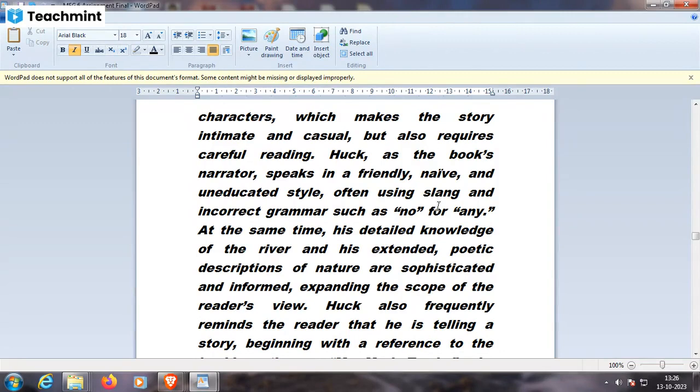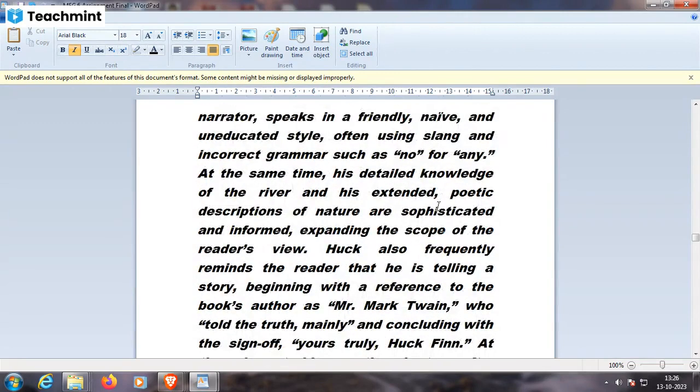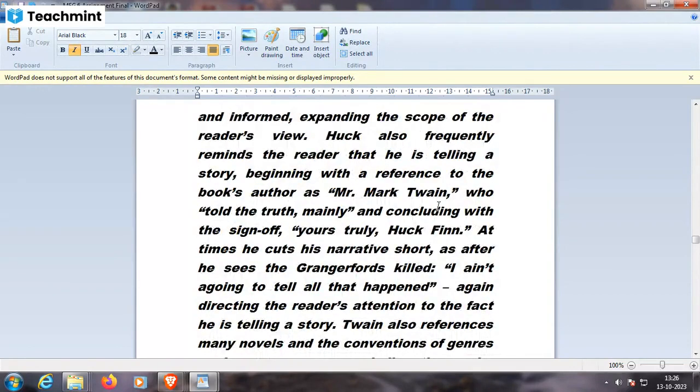Huck also frequently reminds the reader that he is telling a story, beginning with a reference to the book's author as Mr. Mark Twain, who told the truth mainly, and concluding with the signature "yours truly, Huck Finn."